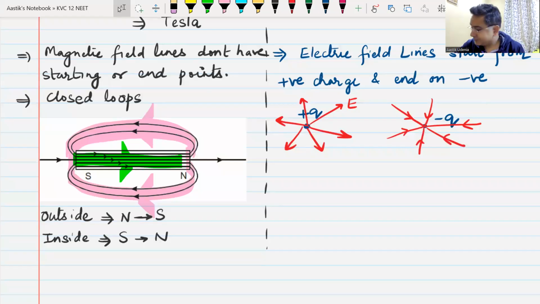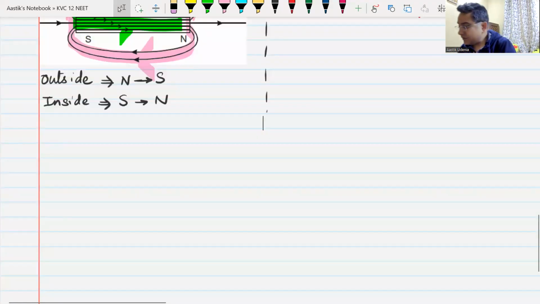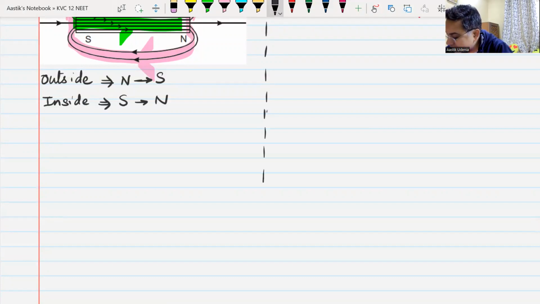We move ahead. Now, what is the next thing that we see? On one side, we are continuing with electric field, and on the other side, we are doing magnetic field.